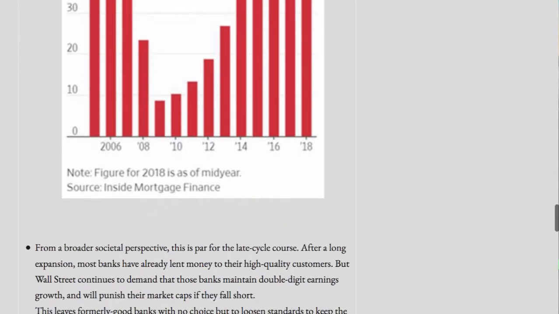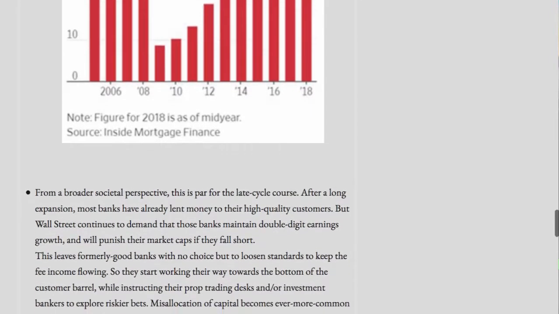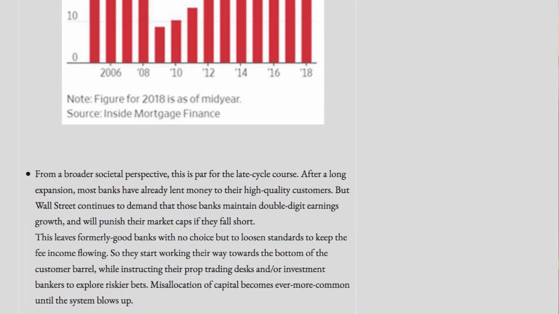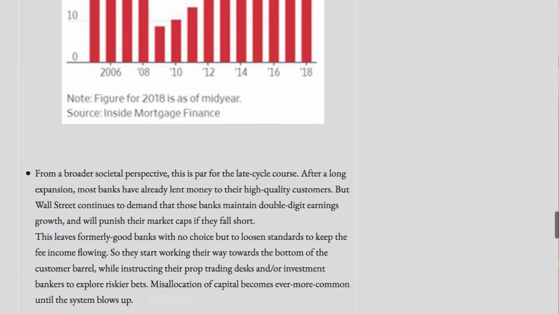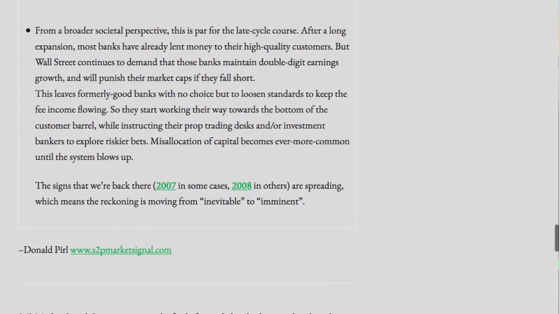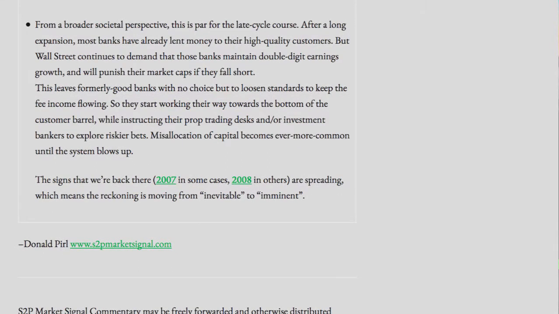From a broader societal perspective, this is par for the late cycle course. After a long expansion, most banks have already lent money to their high-quality customers. But Wall Street continues to demand that those banks maintain double-digit earnings growth and will punish their market caps if they fall short. This leaves formerly good banks with no choice but to loosen standards to keep the fee income flowing.